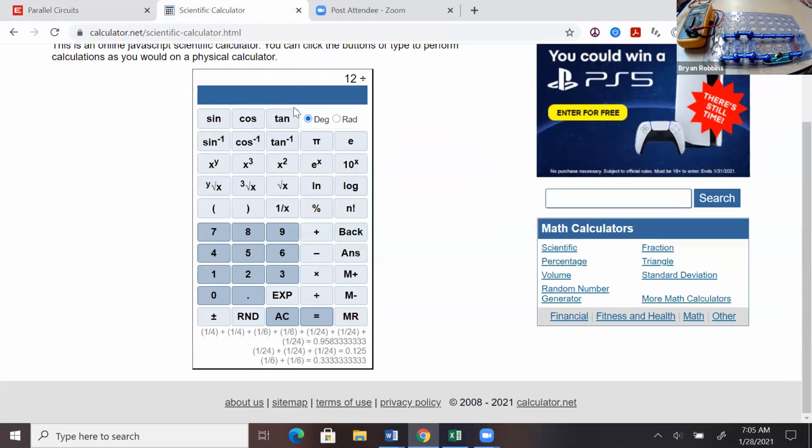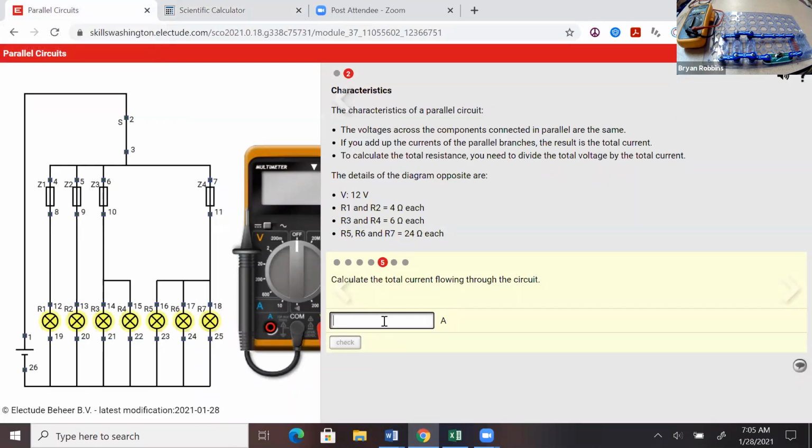Oh, it's not letting me put that in. It was 1.043 if I remember right. Enter, and yeah, 11.5. Let's check it. Yep, and we are correct.